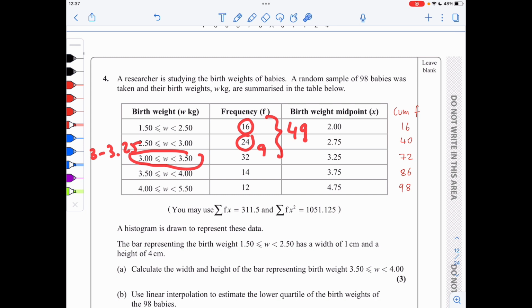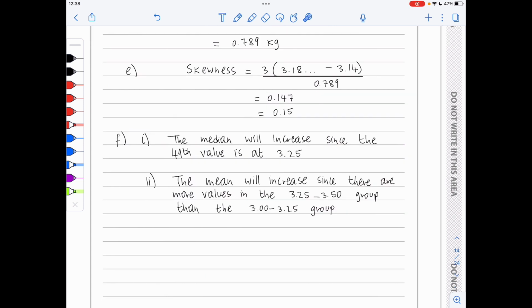So the median will increase since the 49th value will be at 3.25. And then for the mean, we can see that we've got more people in the higher end of this class, which means that the mean will increase. So let's explain this once more. The median will increase since the 49th value is at 3.25, and we were told that originally the median was at 3.14.